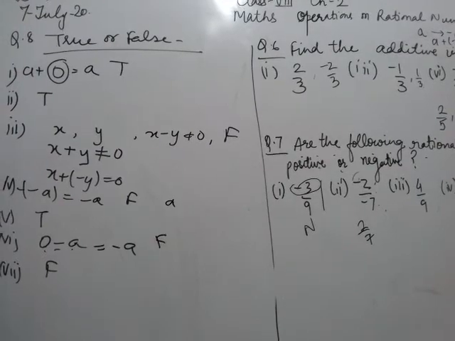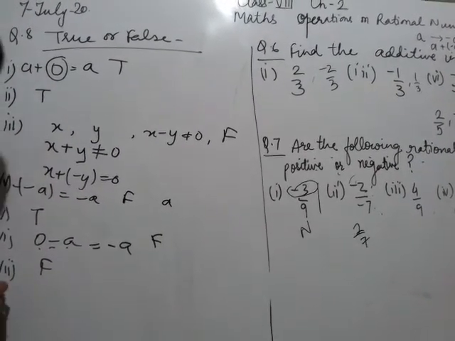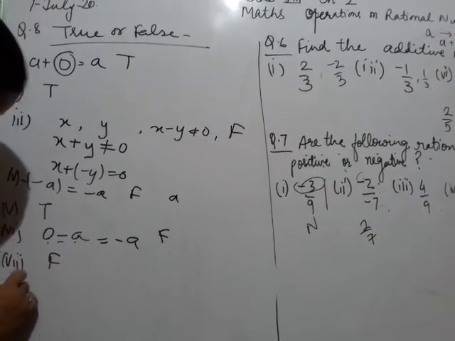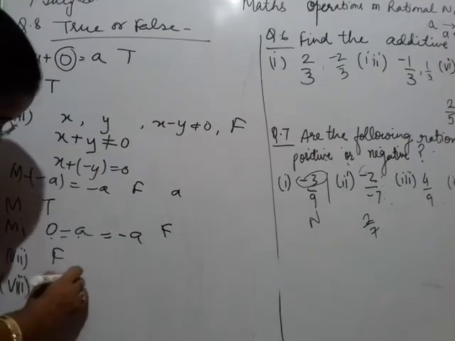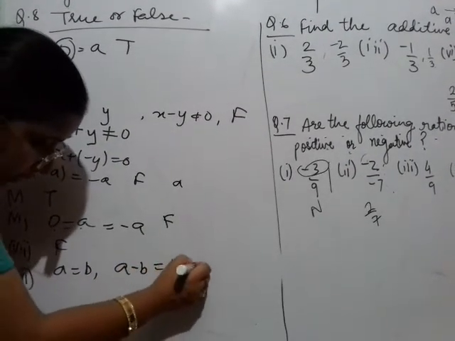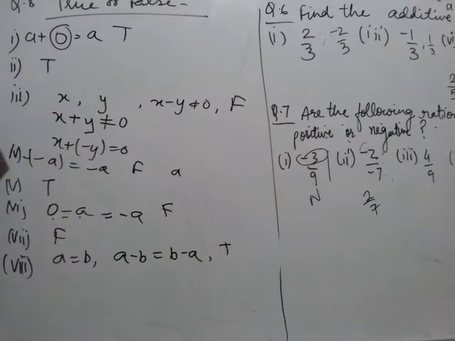If a and b are rational numbers, then a minus b is equal to b minus a, except only when a is equal to b. Yes, it is true. When a is equal to b, in this case only a minus b is equal to b minus a. So the answer is true. You can put any value of a and b.